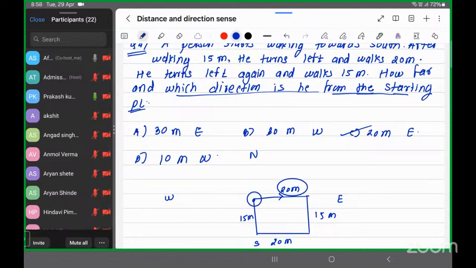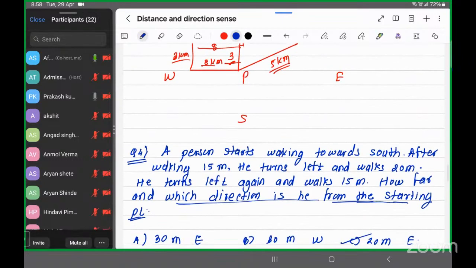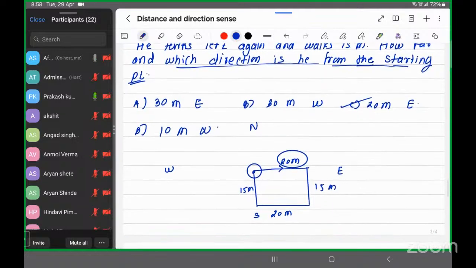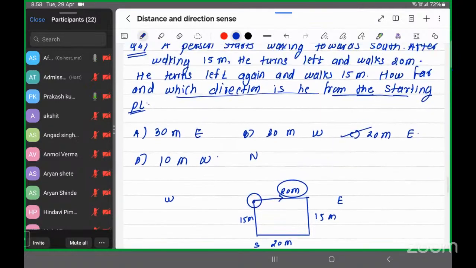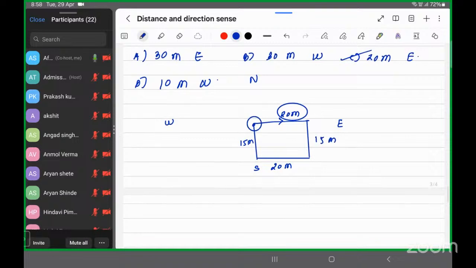It is asking, from the starting point, the direction of that person. Okay, sir, I was finding the face, the person would be facing the north. No, no. The face could be the north only, but from the starting point, he is at the east. Okay, sir.